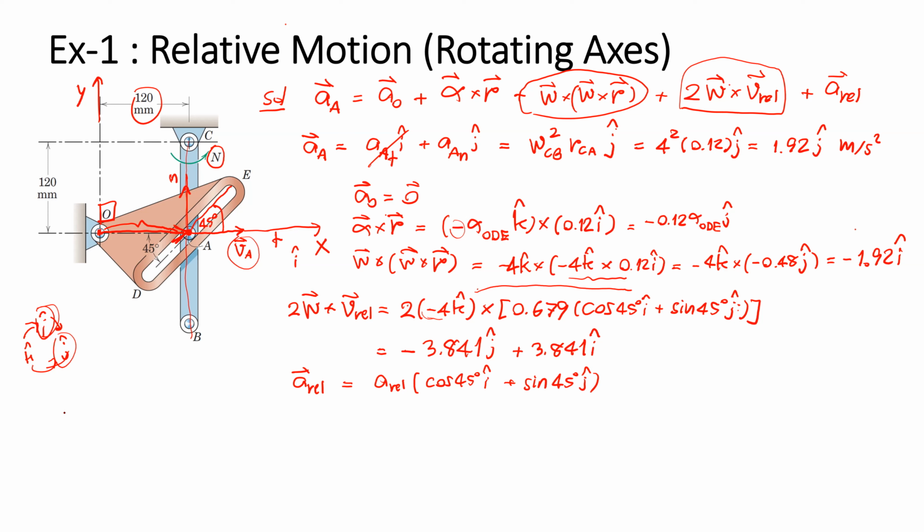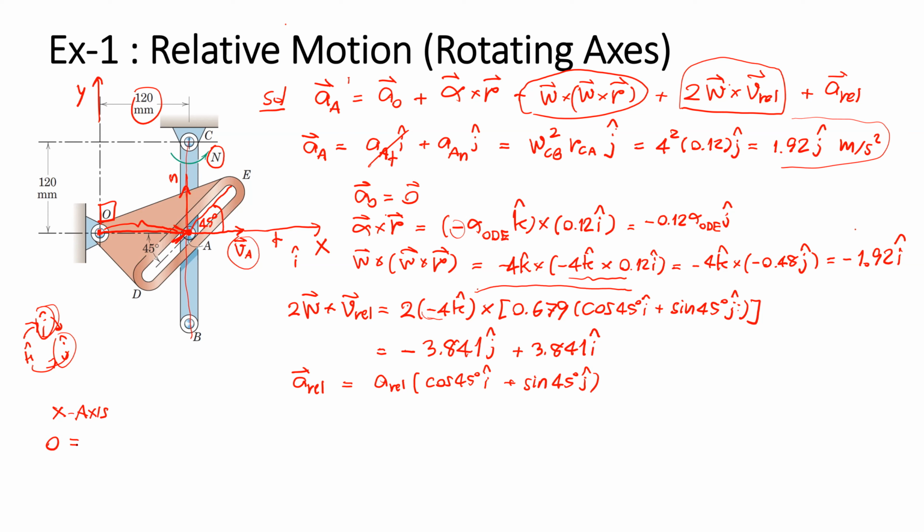In the x-axis, we have 0 for the left-hand side.